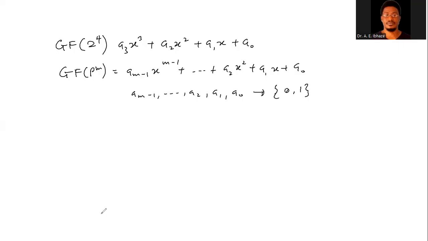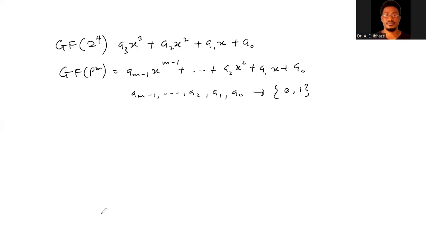So this is not outside the binary field. If P was a prime number other than 2, say 3 or 5, we wouldn't be in the binary field, but it's 2. So we're in the binary field.